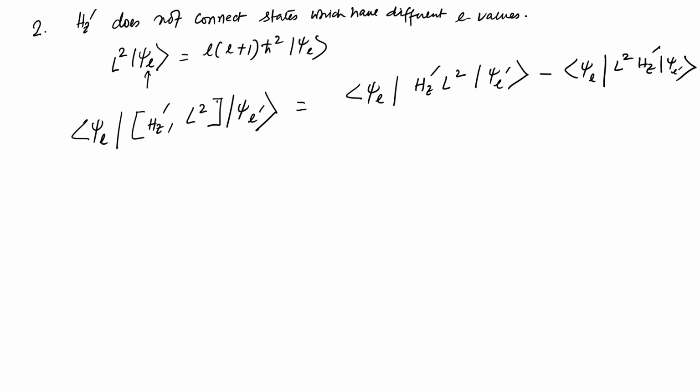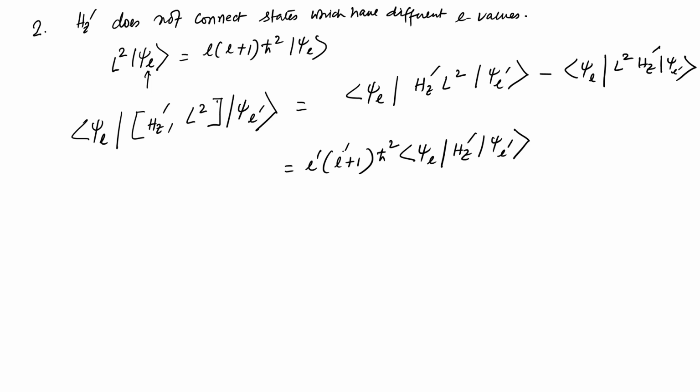Okay, so, this is between these two states. So, now this L square will operate on this L prime and will give me L'(L'+1) ħ² and <psi_L| H_z prime |psi_L'>.